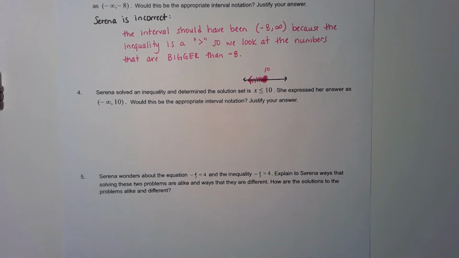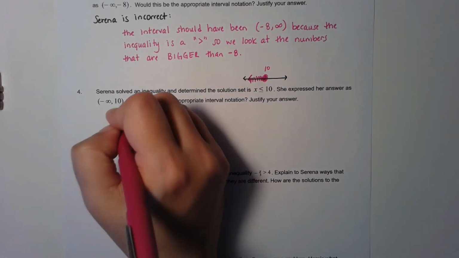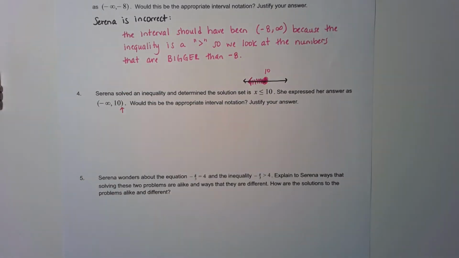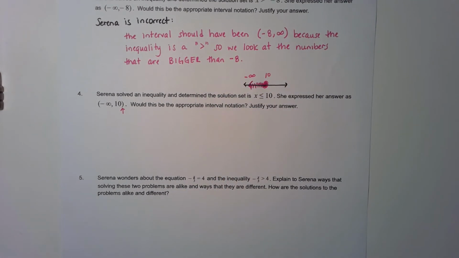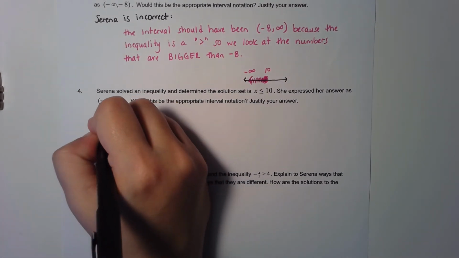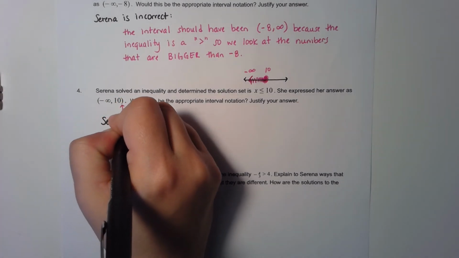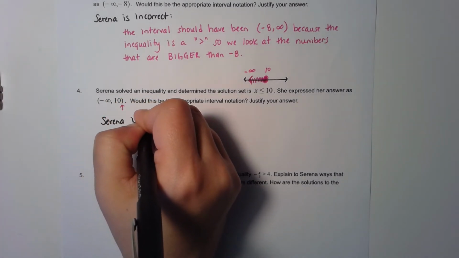Now that means if I was going to write my interval notation, I would have used a bracket here because it's a closed circle. But I still would have used -infinity, so that part was correct. That means that Serena is incorrect. So I would say Serena is incorrect.